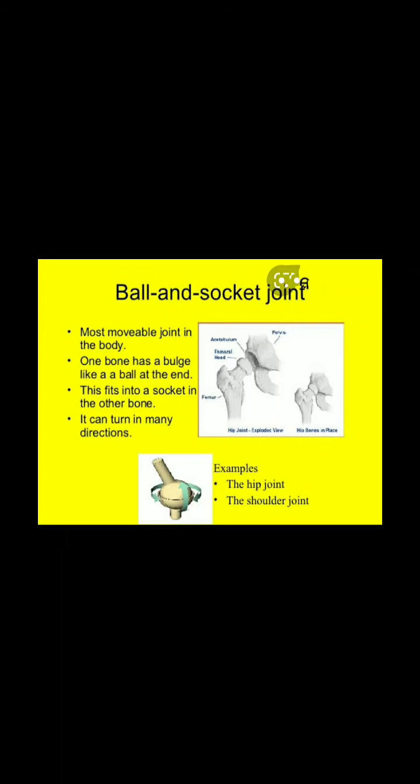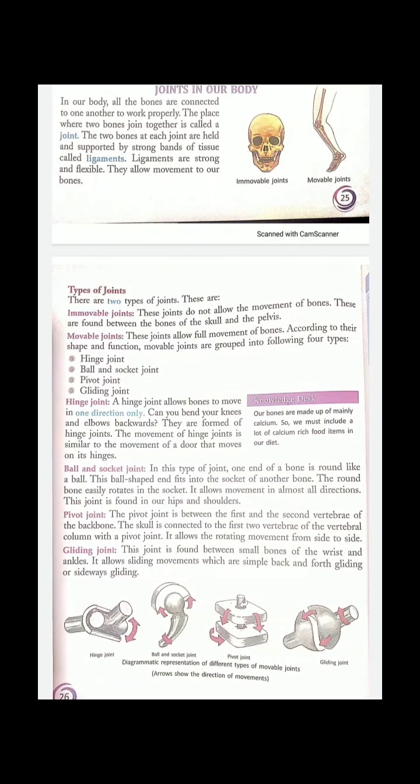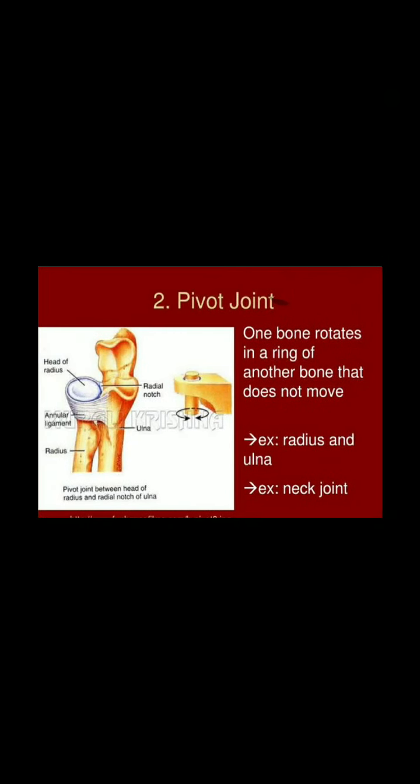Next comes the pivot joint, the third type of joint. In this joint, there is a projection or outgrowth in one of the bones that fits into a ring-like structure of another bone. The example is the joint which is present between the skull and the first two vertebrae of our body.